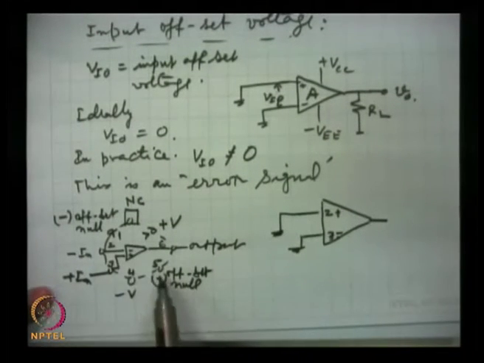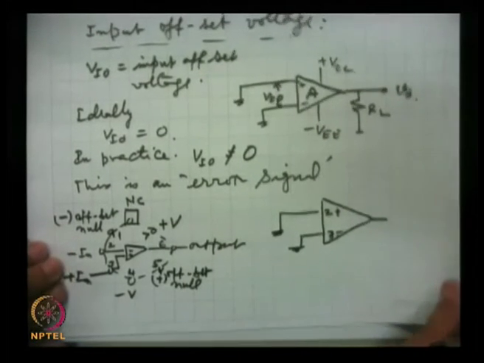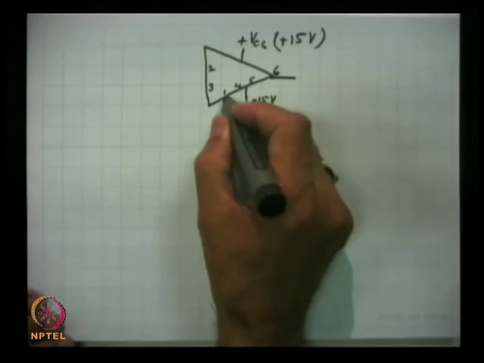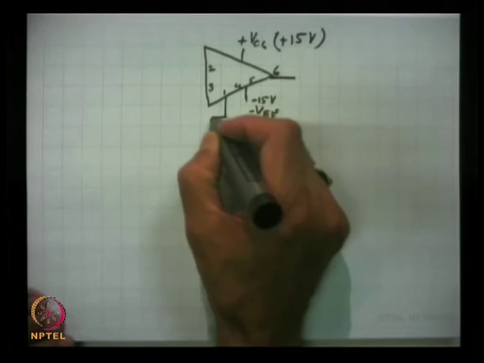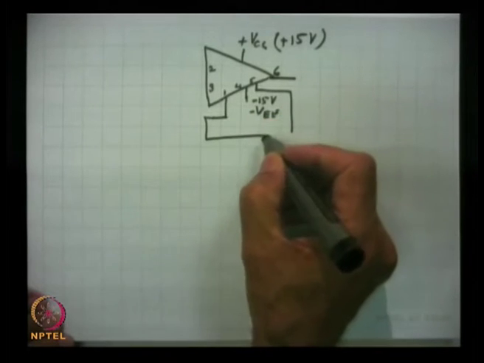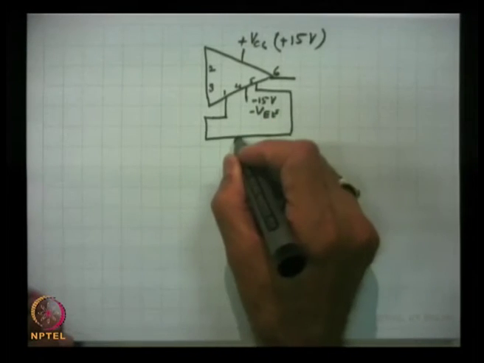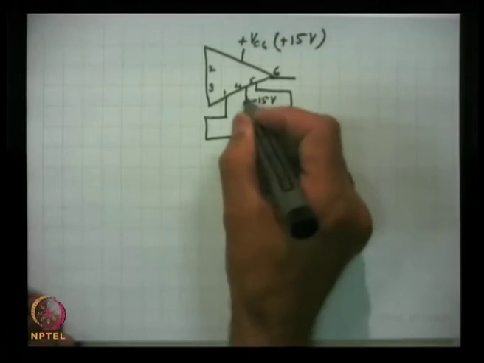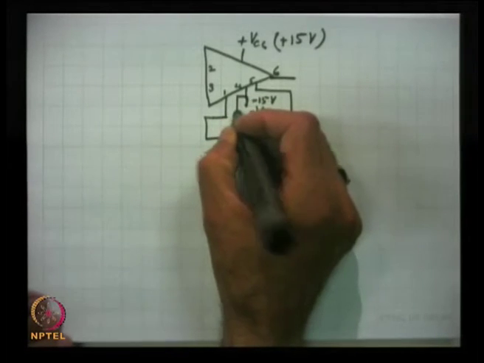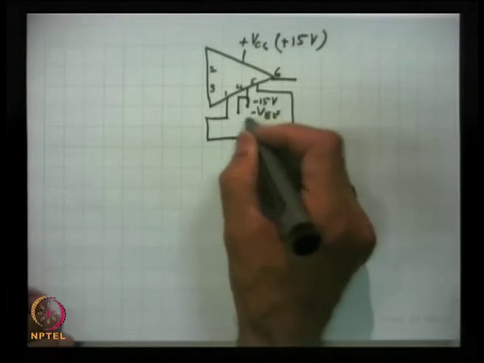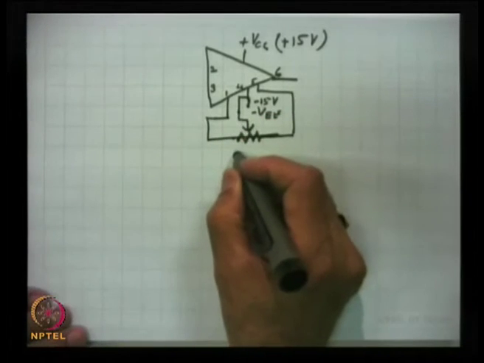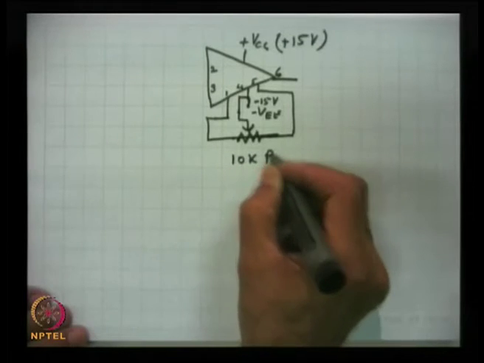pin 1 and 5, which are meant for offset null connection, a potentiometer is connected. This is a potentiometer, and this is the battery, and this is the wiper. This is say a 10K pot.